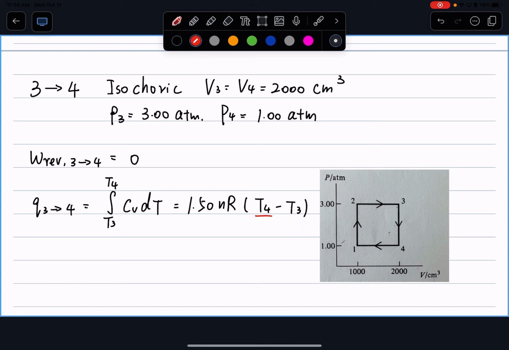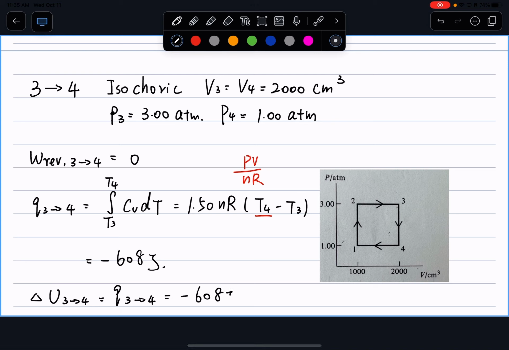And you calculate T4, T3 using PV over nR. All right, I'll skip doing the calculations, but you'll find out that equals negative 608 joule. And our delta U of 3 to 4 just equals Q 3 to 4, which equals negative 608 joule.